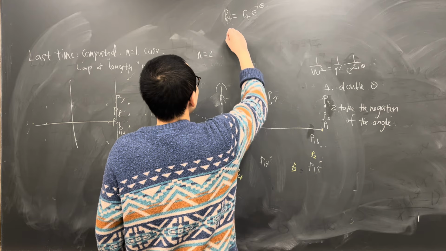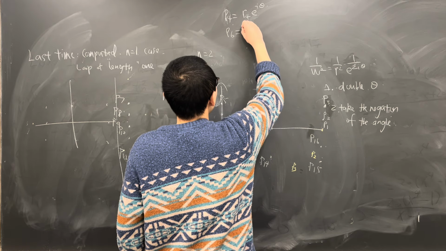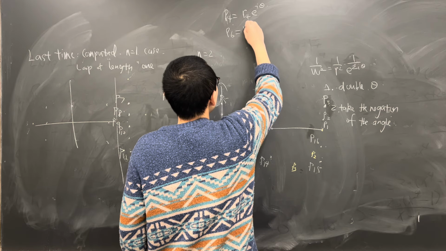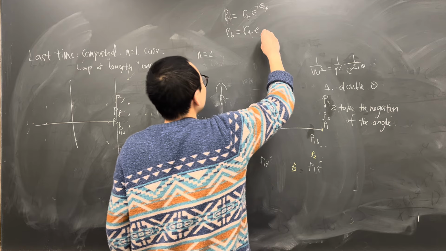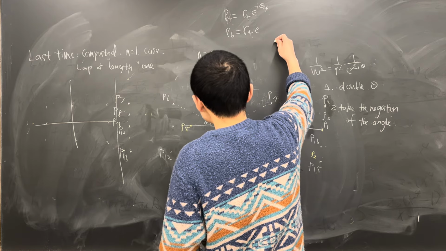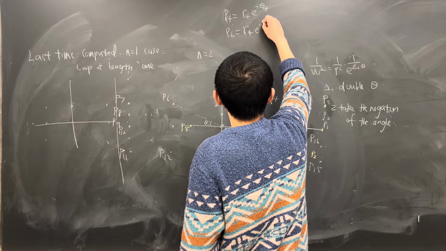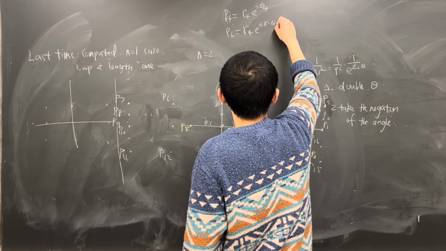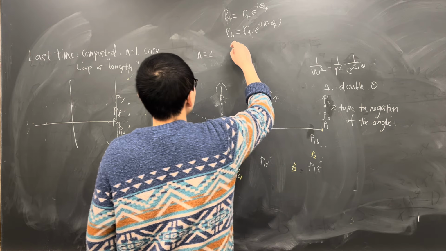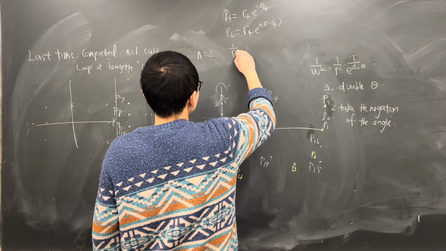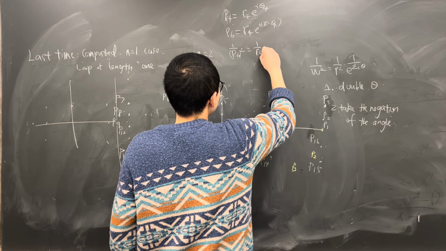Then you have a P6, which has the same radius as R4, so let's call it theta 4, and then e to the i pi minus theta 4. And then you have the 1 over P6 squared, which is equal to 1 over R4.